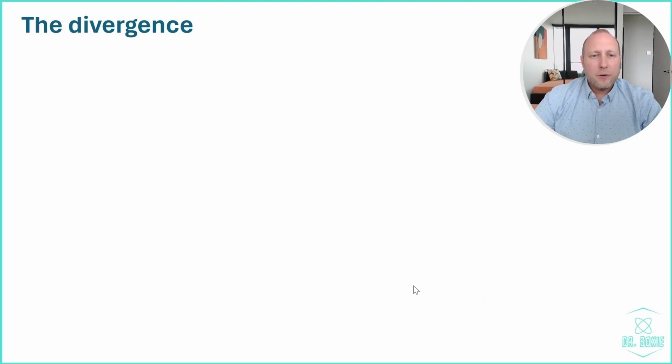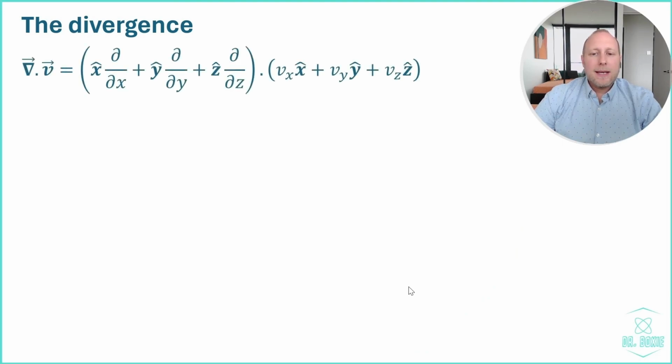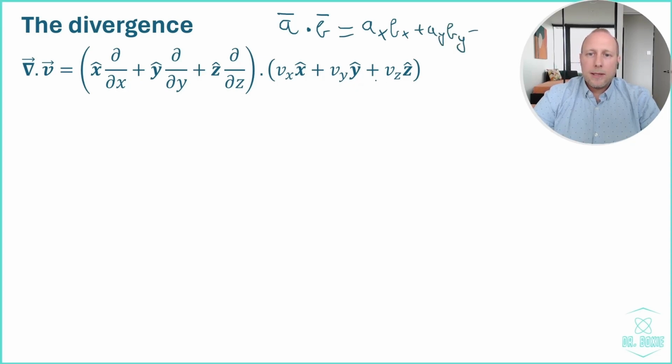We define the divergence by using a dot product between the del operator on the one hand and the vector field v. Now the del operator again is a vector whose x component is d dx, and remember that if we take the dot product between two vectors a dot b, one of the ways to write it at least was ax bx plus ay by plus az bz.